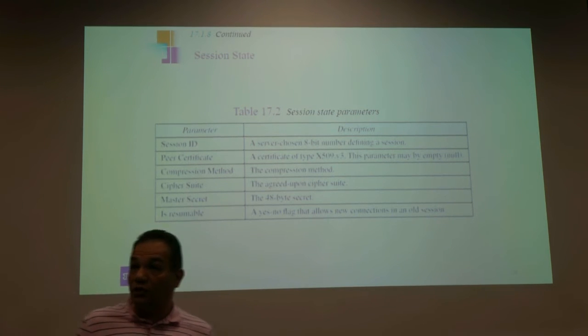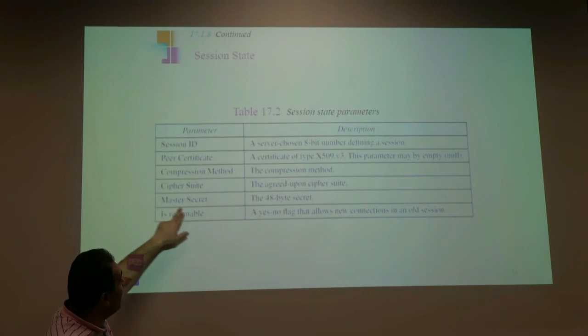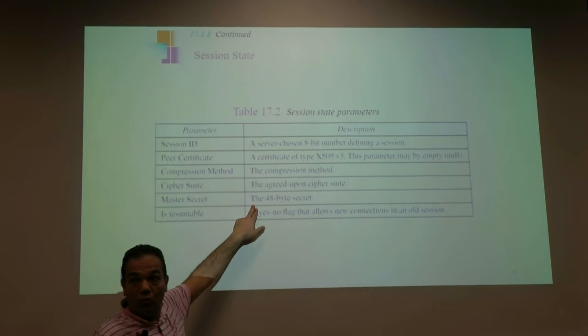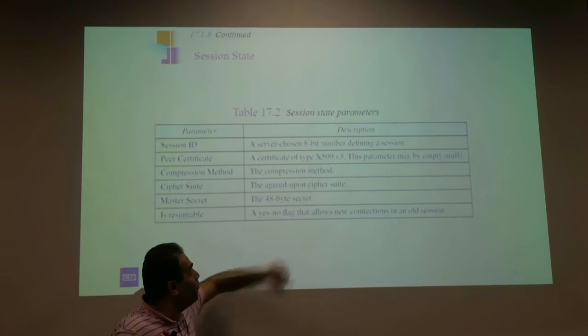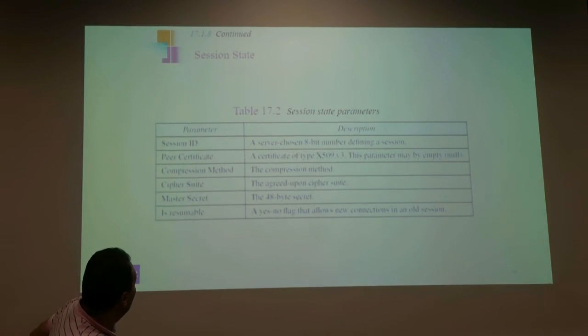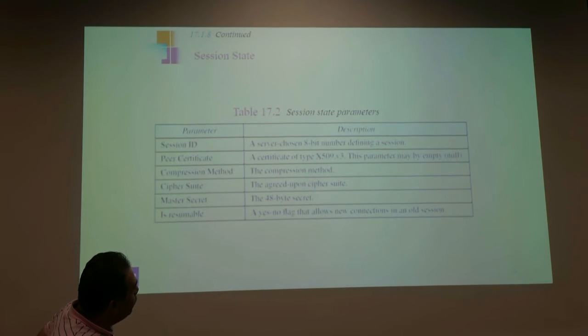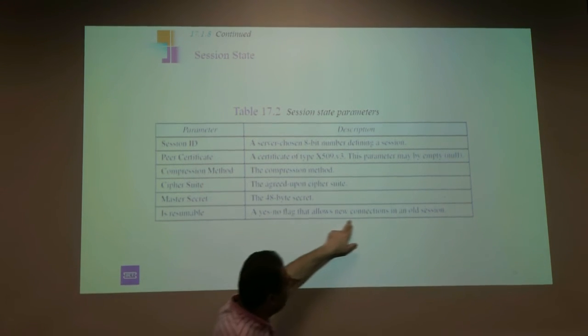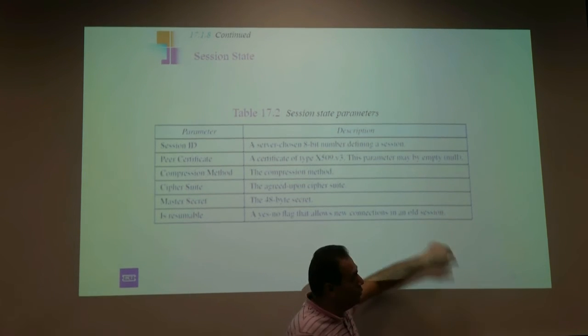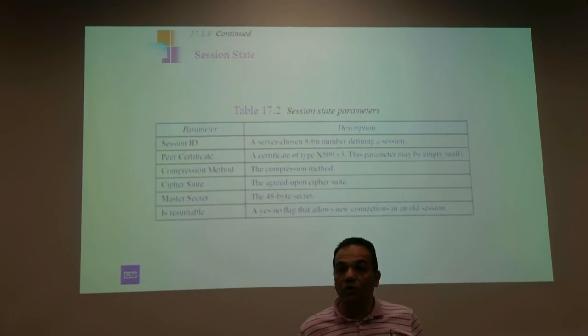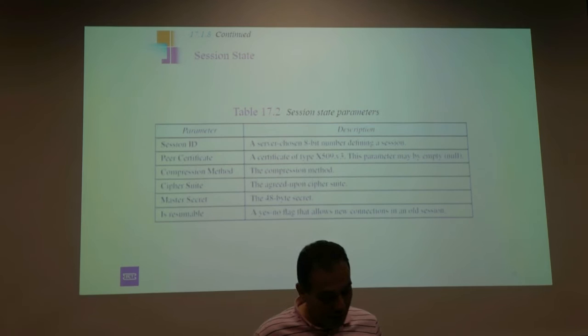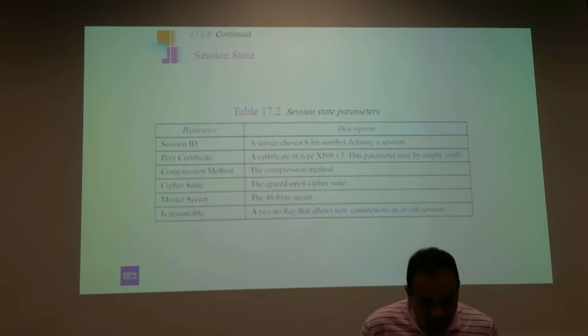What is the cipher? This is state. They have to be there. And then the master secret, which was generated between them, 48 bytes, and also is resumable, a yes or no flag that allows new connections in an old session. All right. So this is what we call a state. State includes how many parameters?